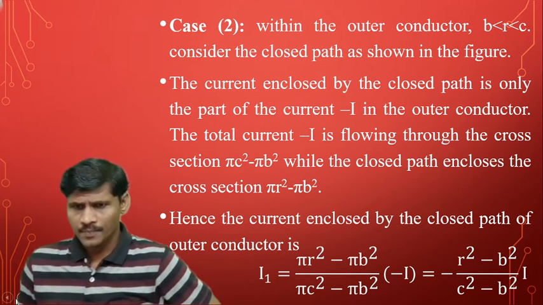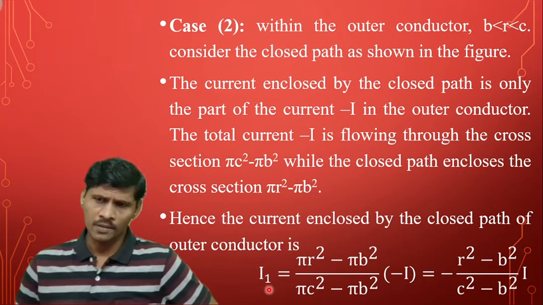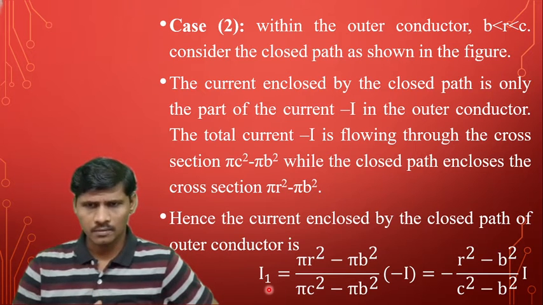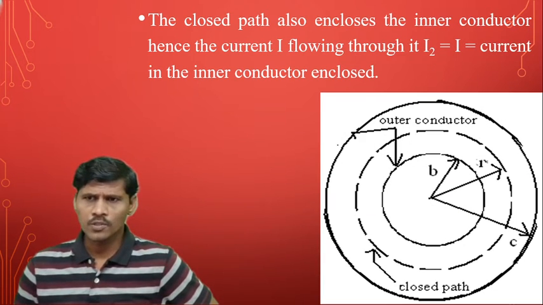The outer conductor current is considered as I1, and the enclosed current is I1 plus I2.